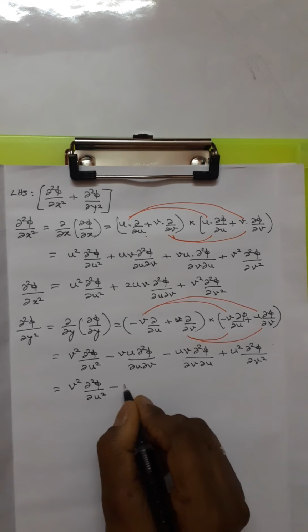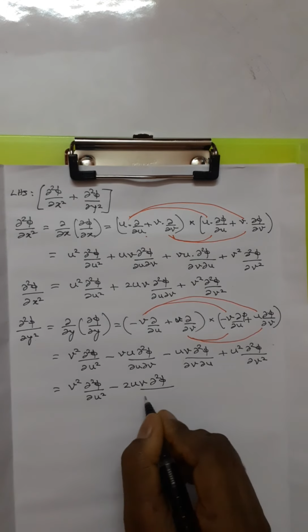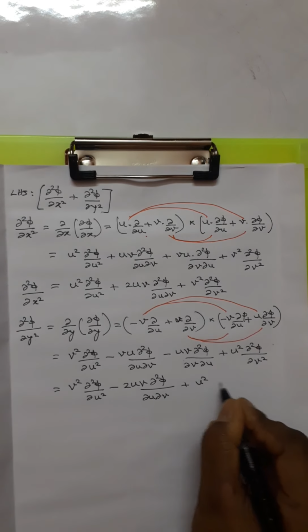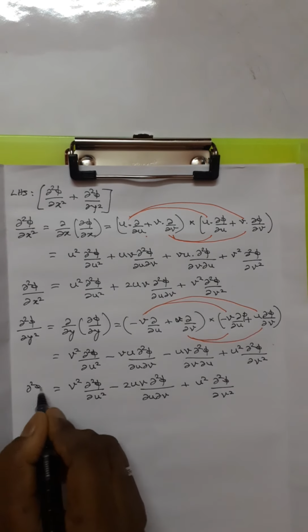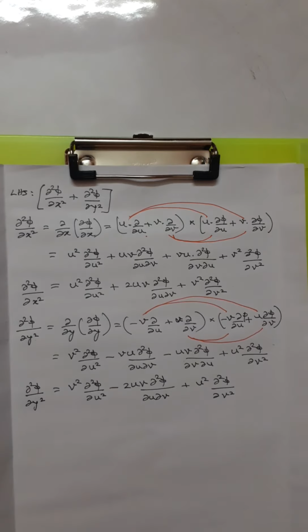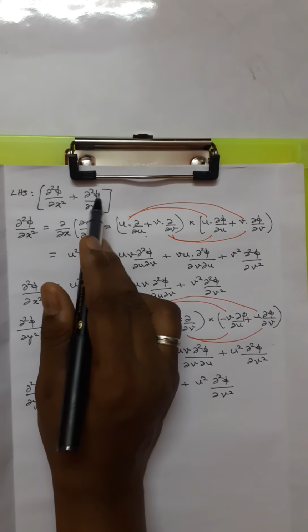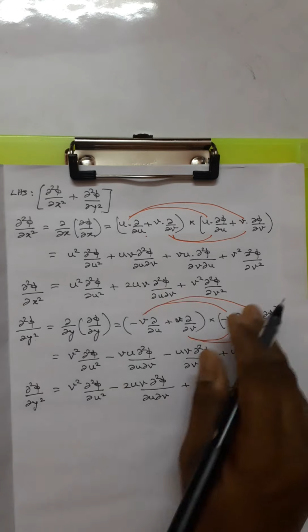So minus 2uv dou square phi by dou u dou v plus u square dou square phi by dou v square. This is nothing but dou square phi by dou y square. So the LHS part is to add dou square phi by dou x square and dou square phi by dou y square. So we have completed finding both the values.